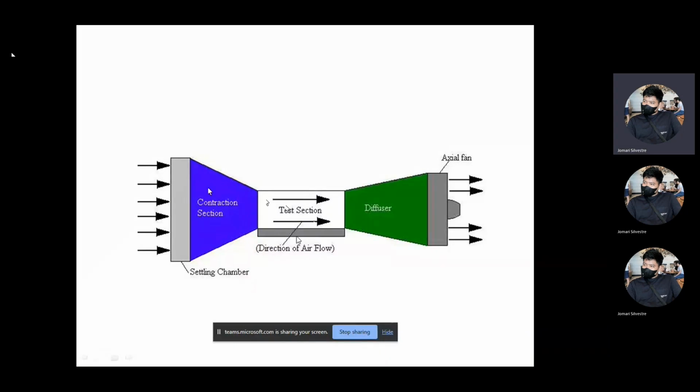Test section, the airflow, papunta dito sa diffuser, then lalabas dun sa fan na ang drive section. From settling chamber to contraction section, test section, diffuser to the drive section.